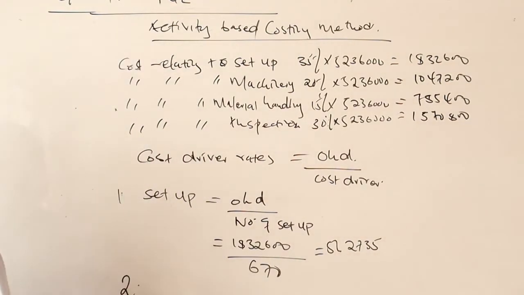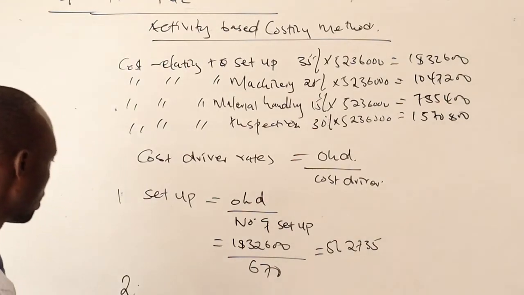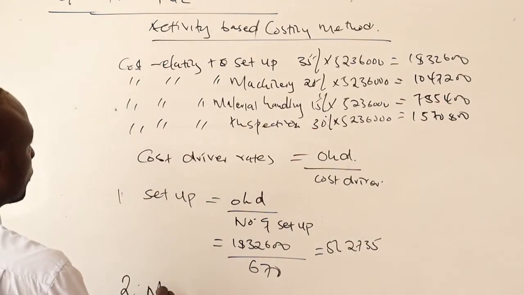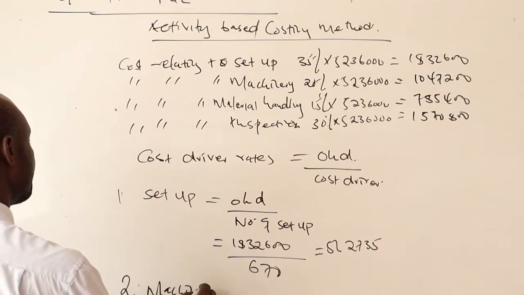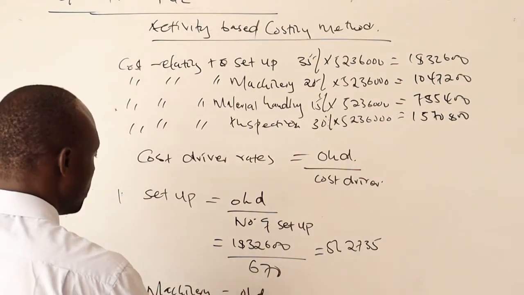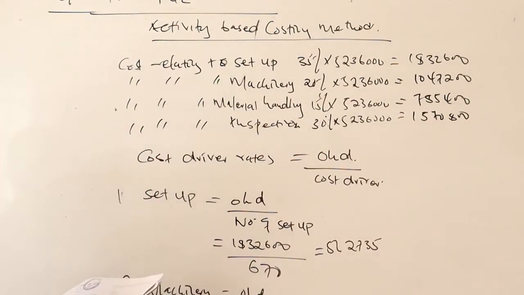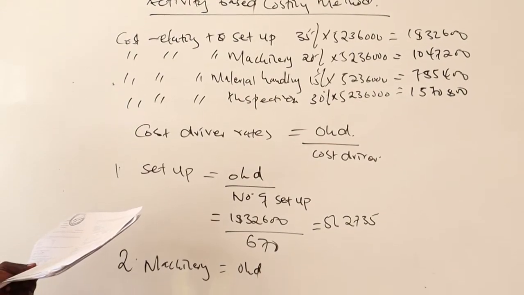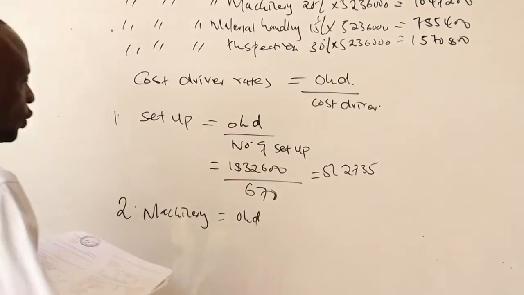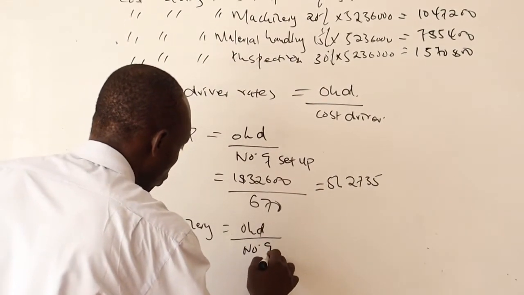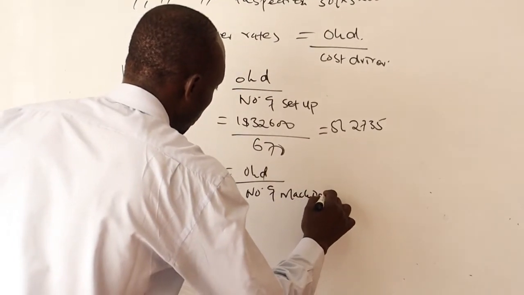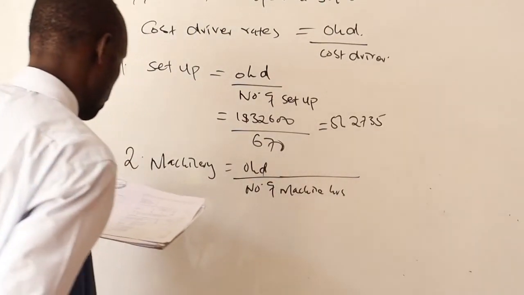This one is going to be shillings 2,735 per setup. That is number one. Number two, machinery. Cost relating to machinery is going to be overhead over the number of machine hours. That is the cost driver.